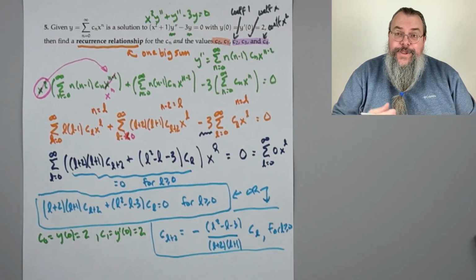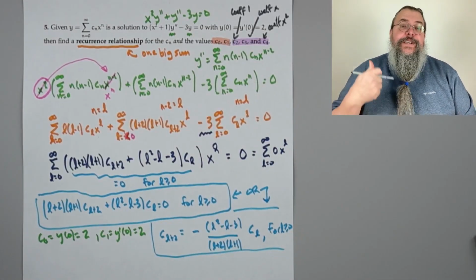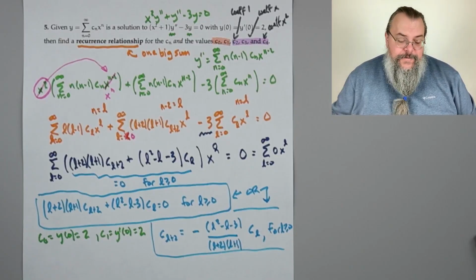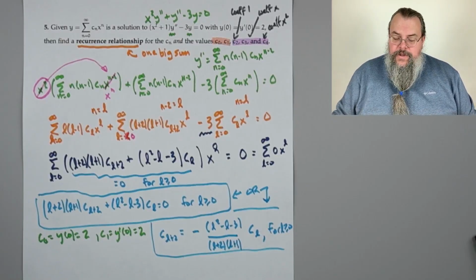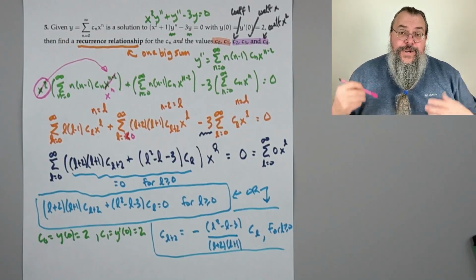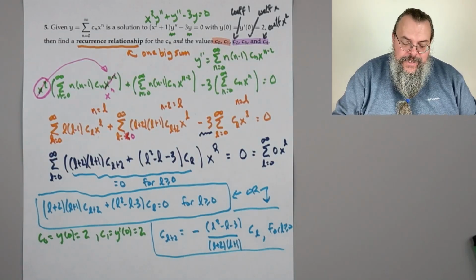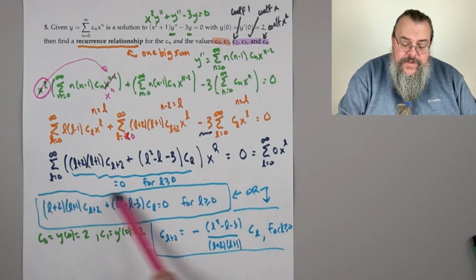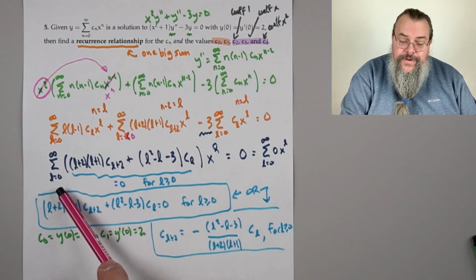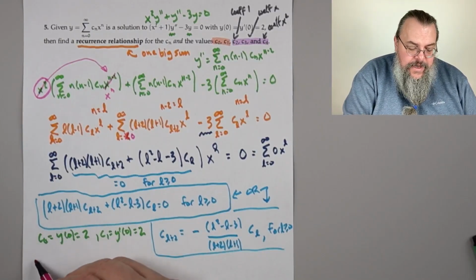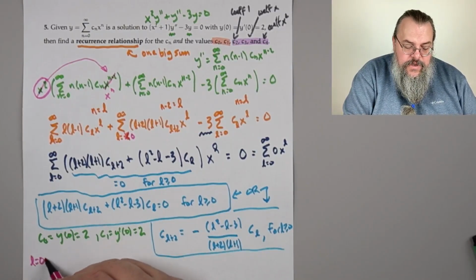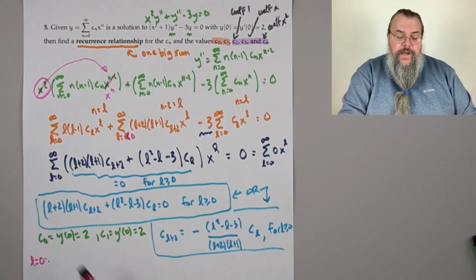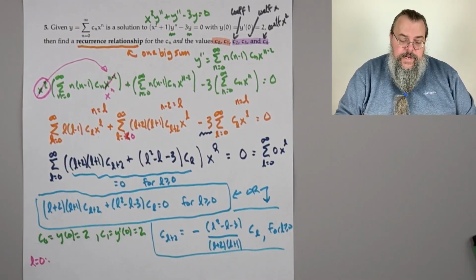So we're looking at those coefficients: the constant coefficient, the coefficient of x, the coefficient of x squared. Well, let's go with our coefficient of 1, our constant coefficient. And for that, that's in our sum, because our sum starts at 0. So we say, okay, L equals 0. We can use our recurrence relationship. Either form, they're both fine.